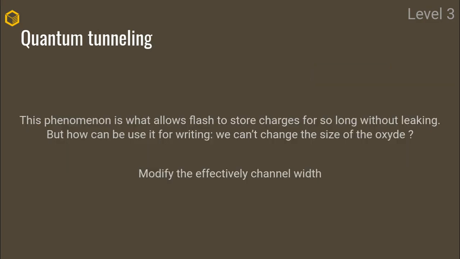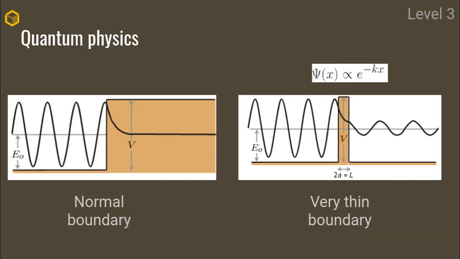So this phenomenon is actually really interesting because it allows us to have a situation where, if the barrier is under certain configurations, then my particles can't go through it.